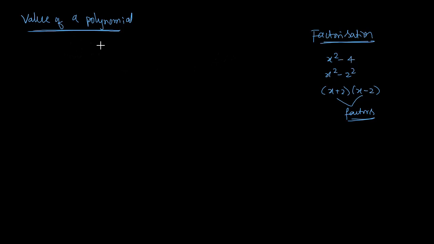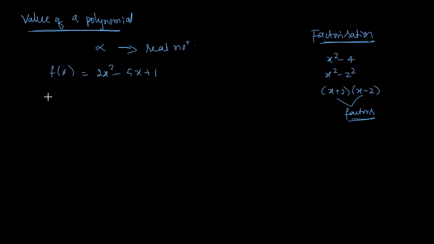So, value of a polynomial. Let's take a variable alpha, which is a real number, and a polynomial as well, which is 2x square minus 5x plus 1. So that's a polynomial, that's a real number.